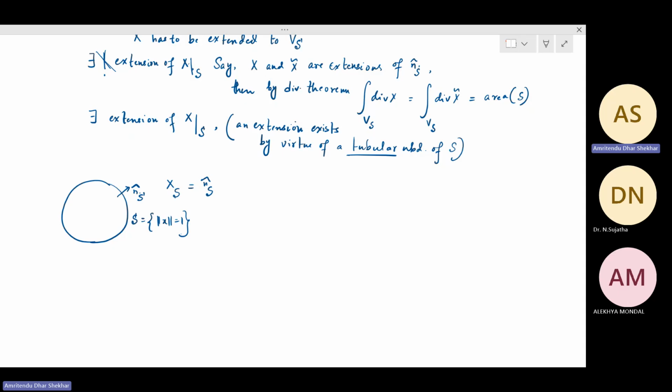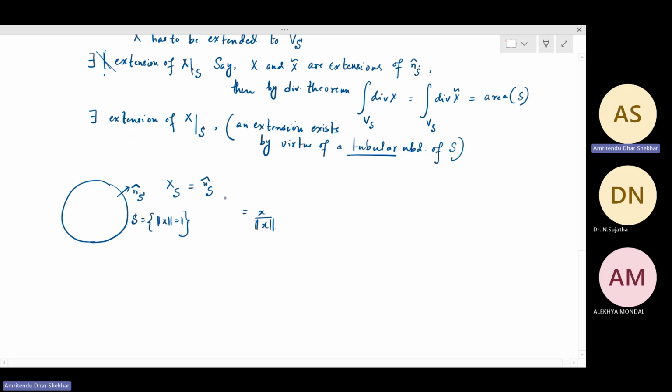And okay, how do you actually do it? Well, you can notice that, what is the unit normal vector field on S? The unit normal vector field on S is just given by x by |x|, x cap. Okay.